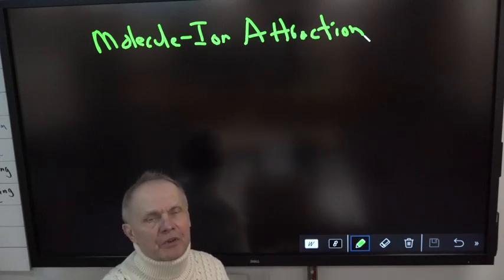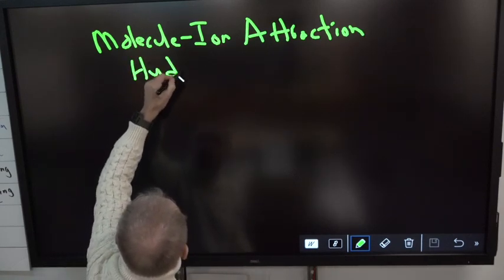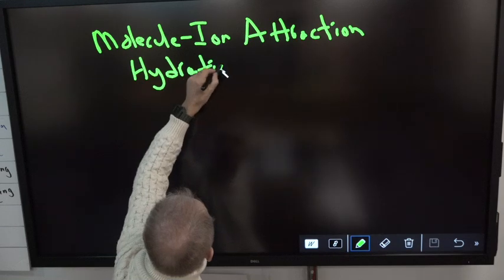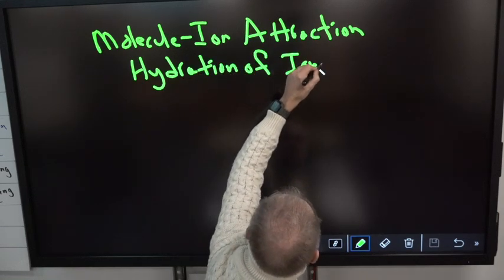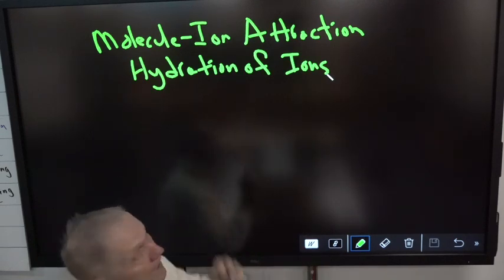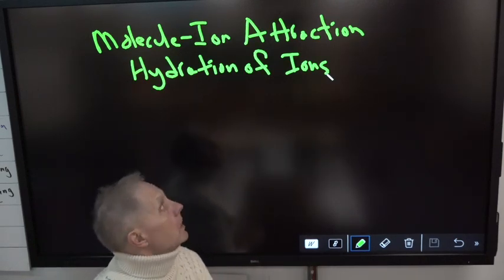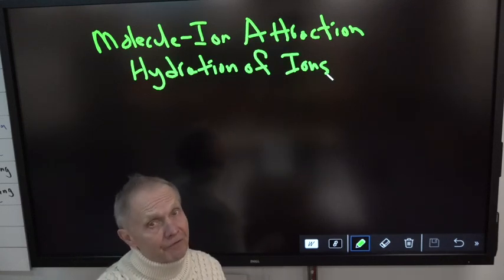The other name for this tells the same thing. It's called hydration of ions, which means you're putting water on an ionic compound. So this is molecule-ion attraction or hydration of ions. This is a fairly easy one.